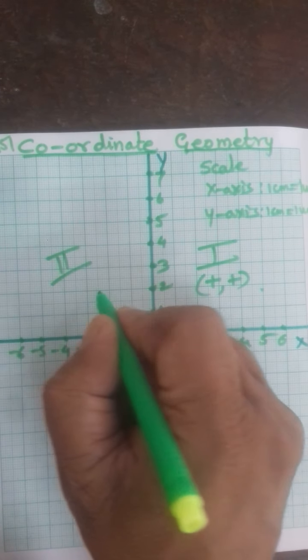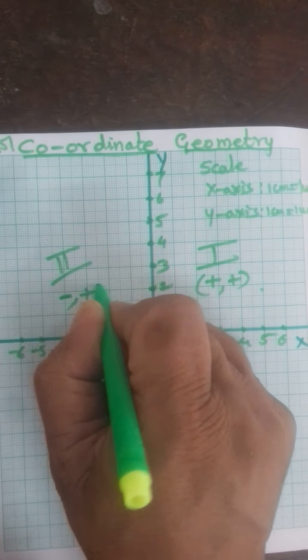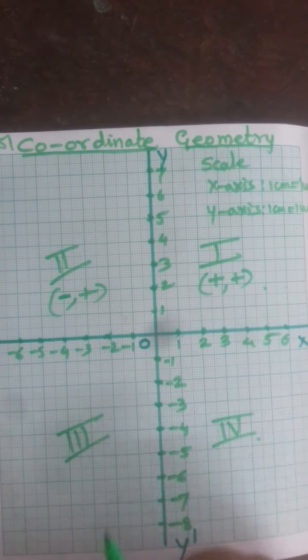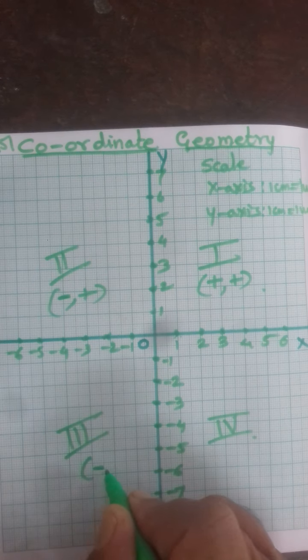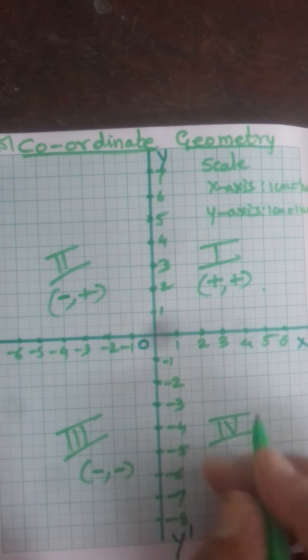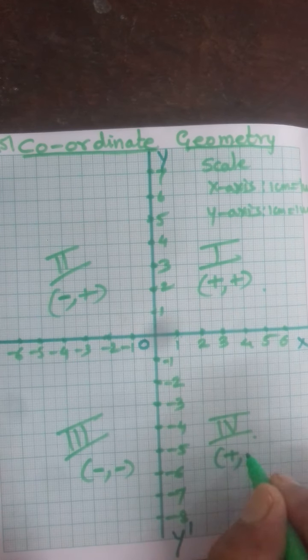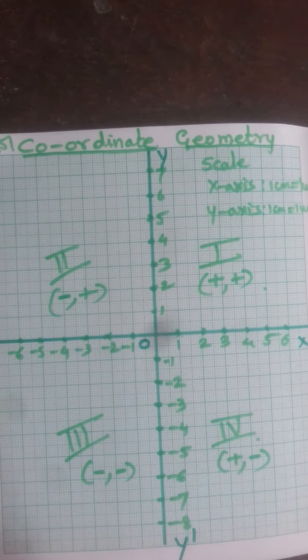In the second quadrant, the x coordinate is negative, y coordinate is positive. In the third quadrant, x coordinate is negative, y coordinate is also negative. And in the fourth quadrant, x coordinate is positive whereas y coordinate is negative.